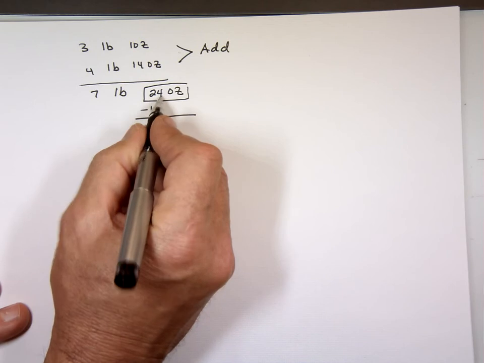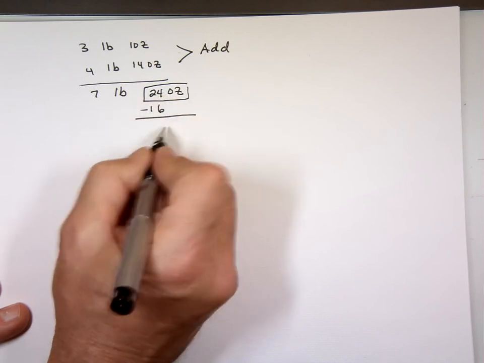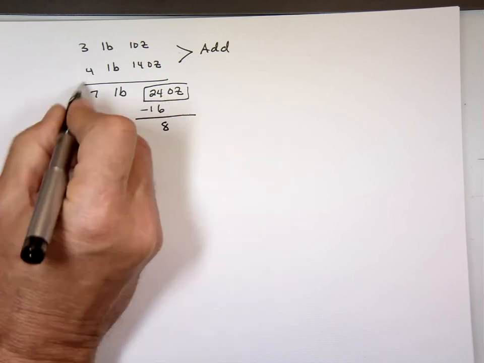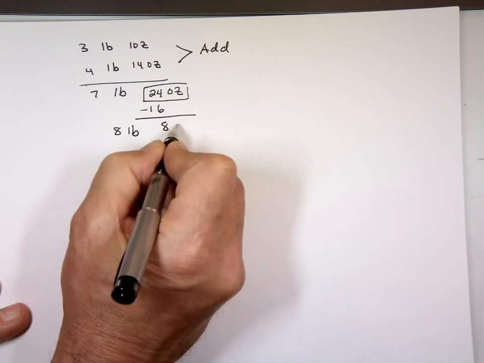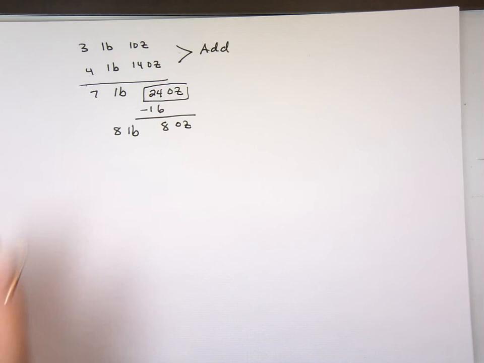Can't. 6 from 14 is what? 8. And add 1 to this, that's 8 pounds and 8 ounces. So that's 8.5 pounds. That's what you have. So if the recipe calls for 9 pounds of meat, you're not that far from it. Those 2 packages will do it.